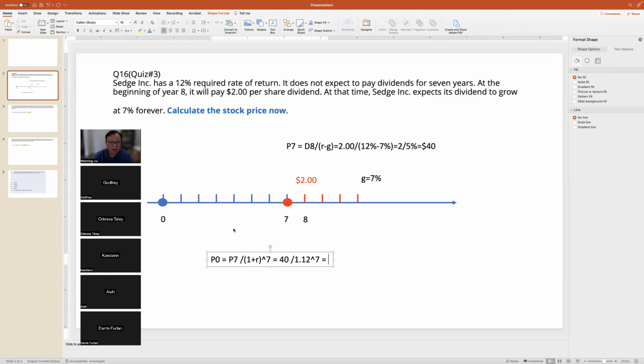Let's quickly calculate this number: 1.12 to the power of 7, inverse, times 40. I got 18.09. That is my result.